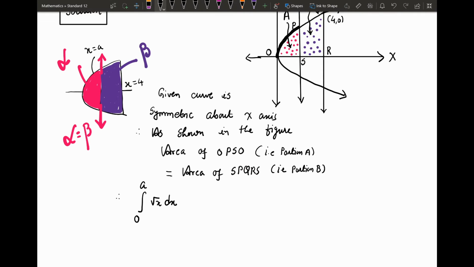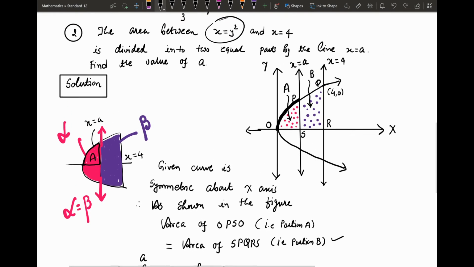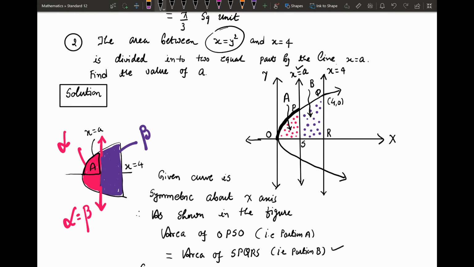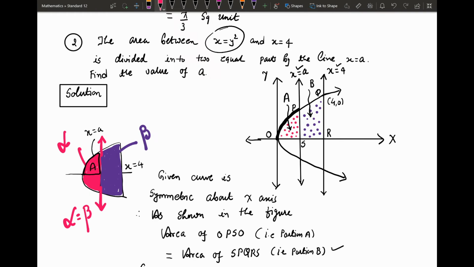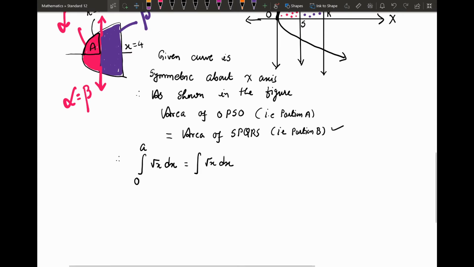This is the area of portion A. Now area of B, the curve is the same, root x dx, y as a function of x, limit will be a to 4. For this portion the limit will be a to 4.